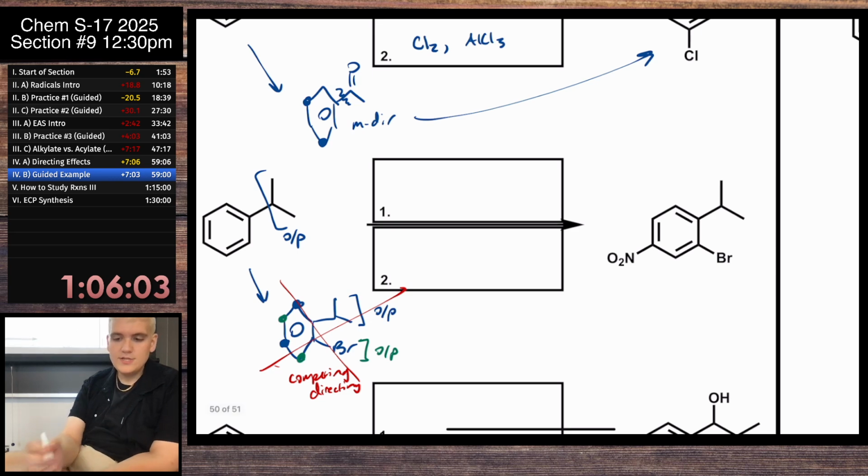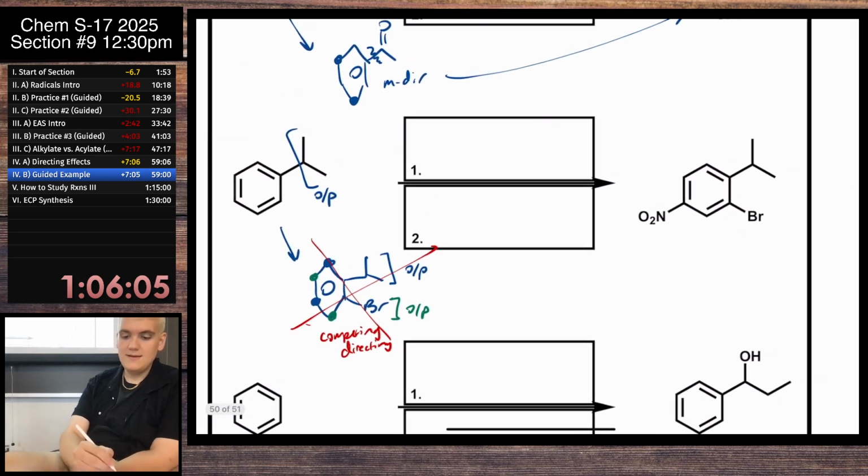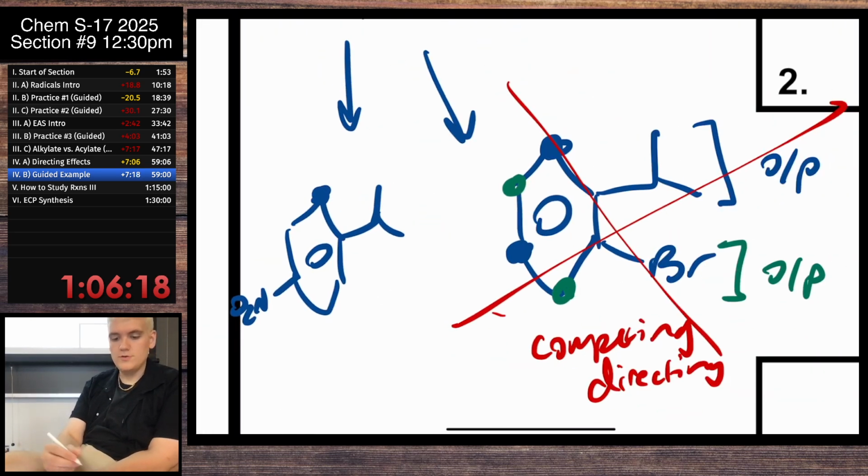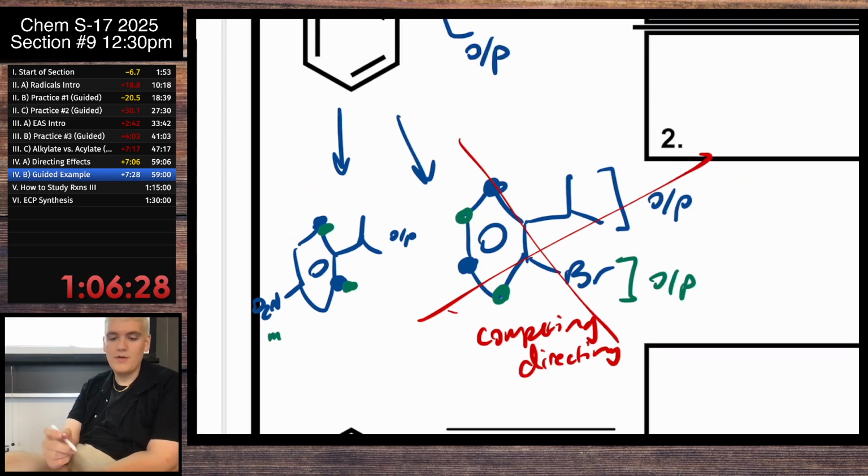So if we do the NO2 route first instead, then the alkyl group is going to be directing ortho to it, and then the nitro group is going to direct meta to it. Do you see how they overlap? So we're not going to get a mixture of products, and that's going to be our route that works.